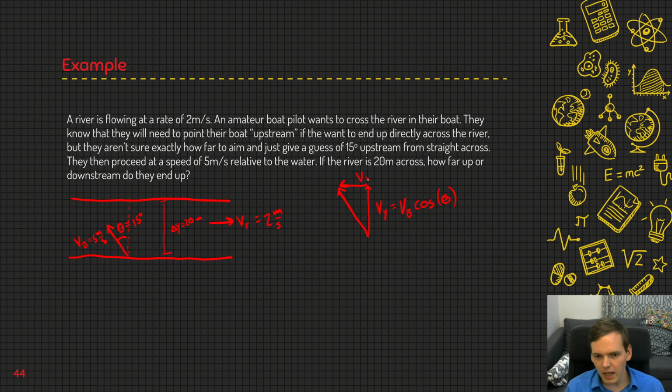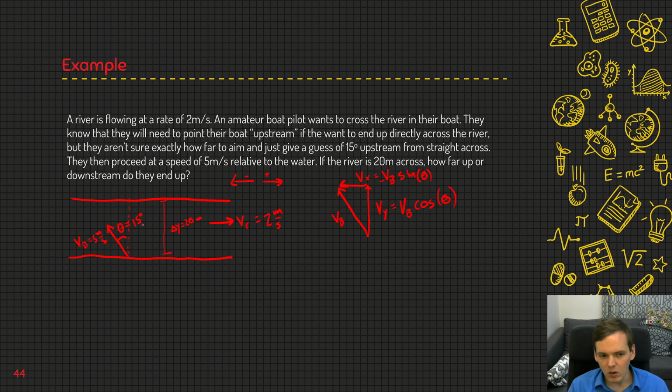And Vx is going to equal Vb times sine of theta. Now this is going to be a negative Vb because we know from just looking at our diagram that this is pointed in the negative direction. So now I've got the velocity of the boat broken into its components, Vx and Vy.